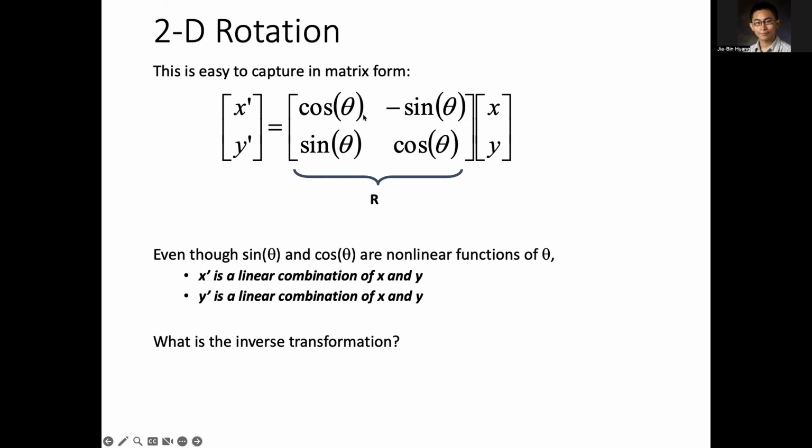And then why this is just shifting the sign is because cosine is an even function, right? Cosine theta and cosine minus theta are the same. And sine is an odd function.